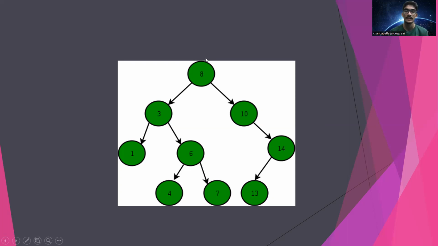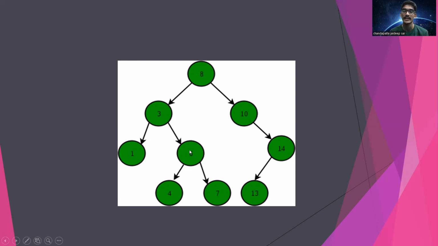As we see, 8 is the root node, and in the left subtree we have 3, which is the left child of the root node, and 10 is the right child of the root node. The left child is less than the root node, and the right child is greater than the root node. 3 has left child 1 and right child 6.